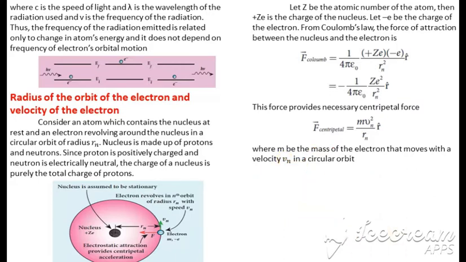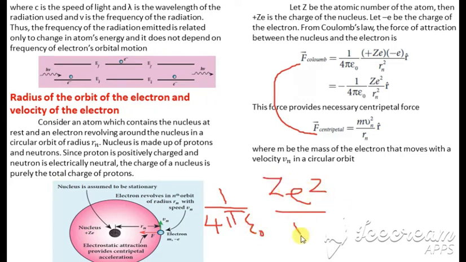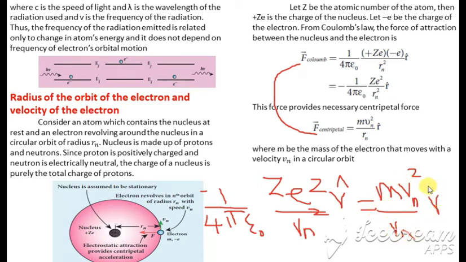So we have got both values of F, and you can equate the both. So we get 1 by 4 pi epsilon naught into Z e square divided by Rn square into r cap, which is equal to m into Vn square divided by Rn into r cap.